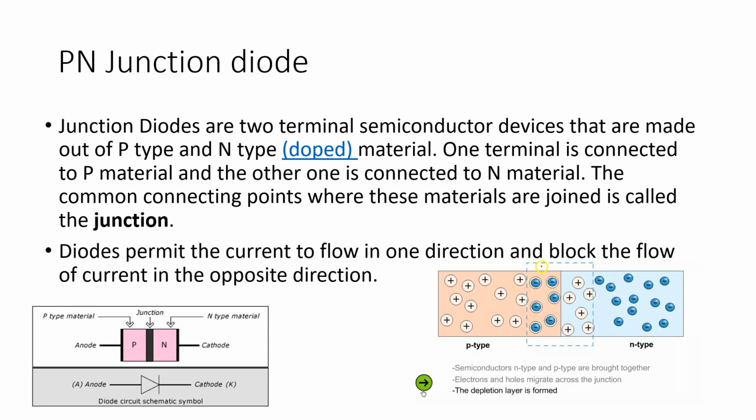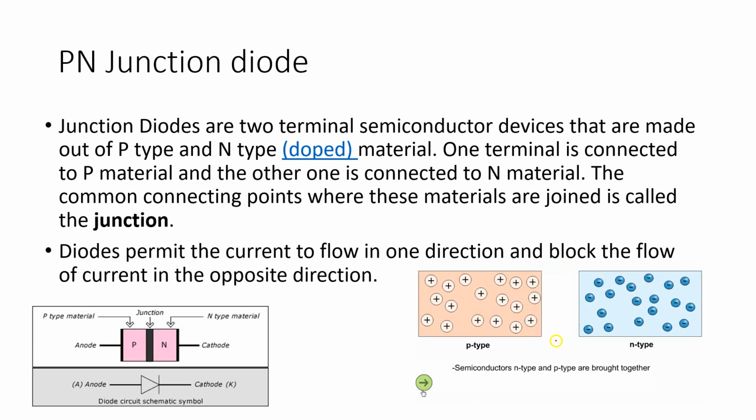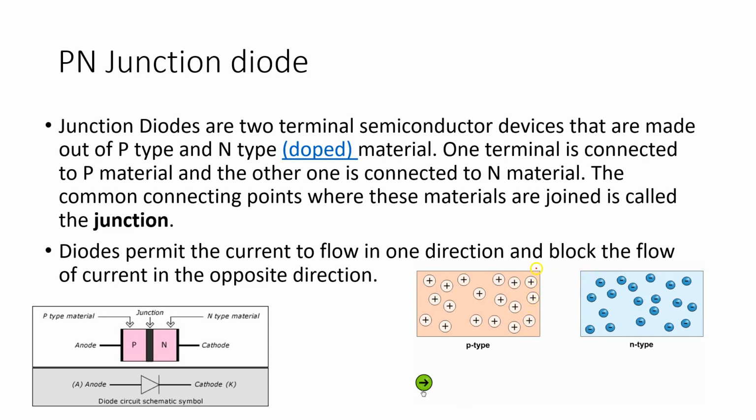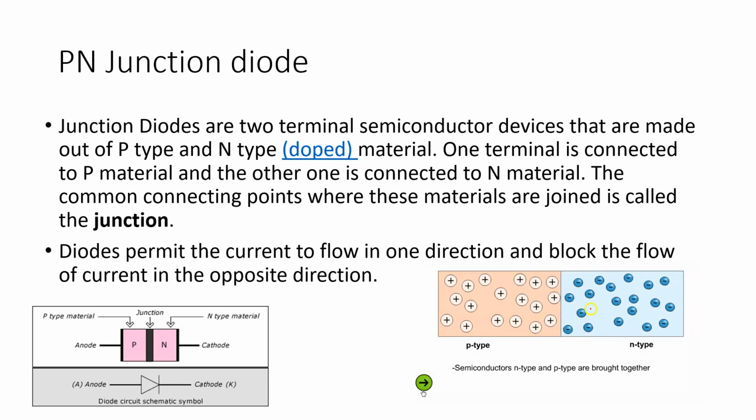You see right in between here, where it's being cordoned off, this is what we call the depletion region. We call it the depletion region because the electrons here have pretty much been bonding with the positive charge in this region. So it creates a region where there are no free charge carriers. Remember that the electrons on this side are your charge carriers, and the holes on this side are your charge carriers.